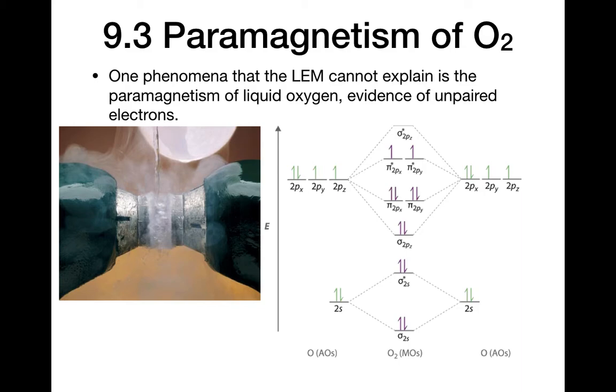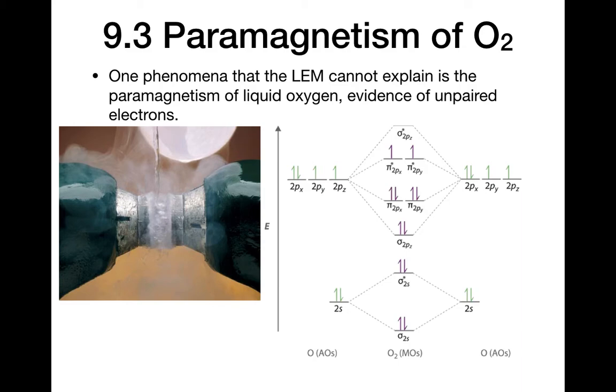As seen on the left, there is an attraction there, and that's called paramagnetism. See, the localized electron model has no explanation for the paramagnetism of liquid oxygen. I know it's kind of a rare property you wouldn't think much of, but it is a case where you have a model that can't explain a phenomenon.